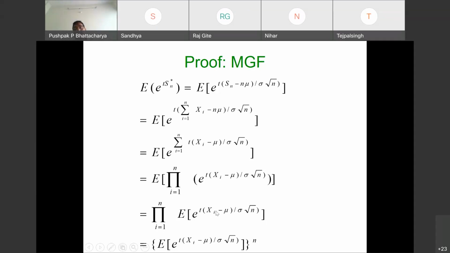Suppose we are talking about a discrete distribution. If x1 takes, let's say, 100 values, then all these values of x1 will be taken, plugged in here, and the probability of that quantity will be taken.